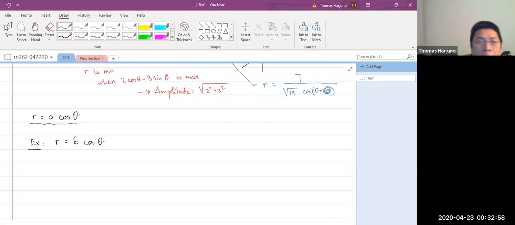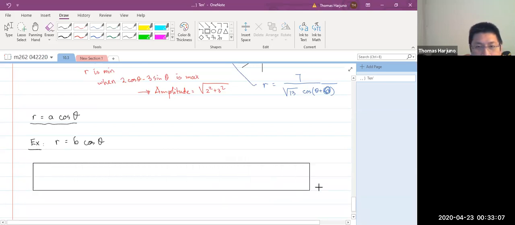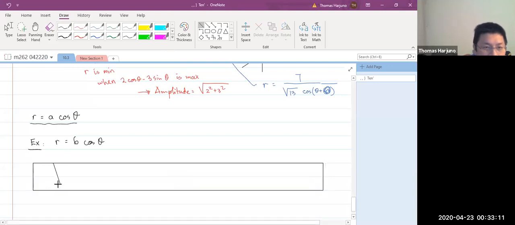Now, before we actually do this, I need you to have some feeling first, by first constructing a table for theta and r.